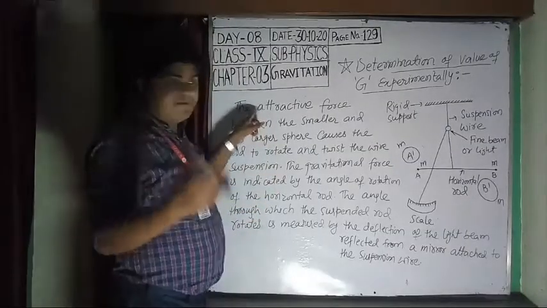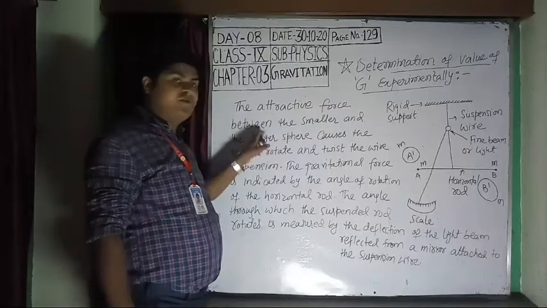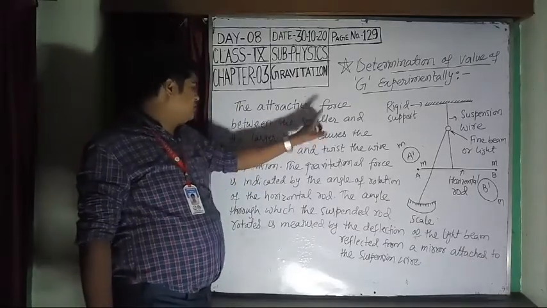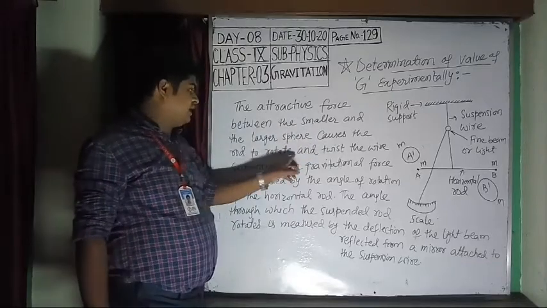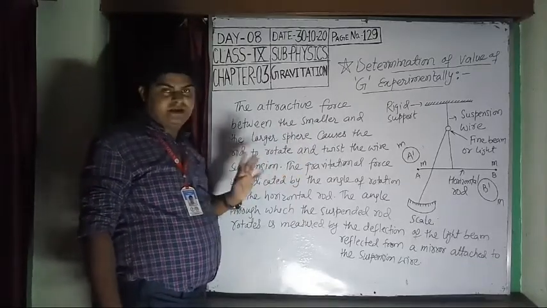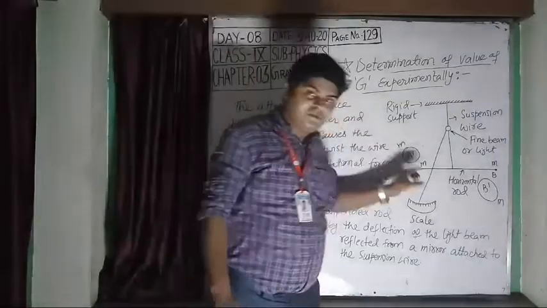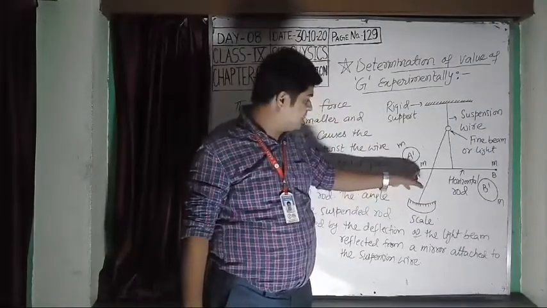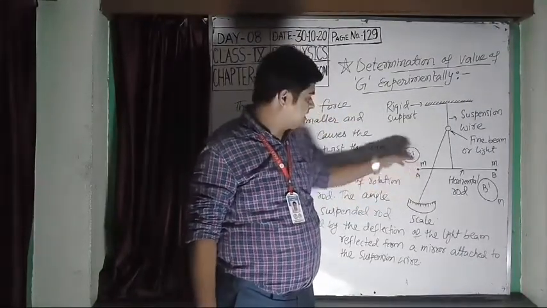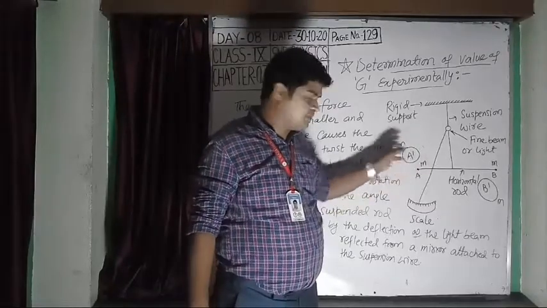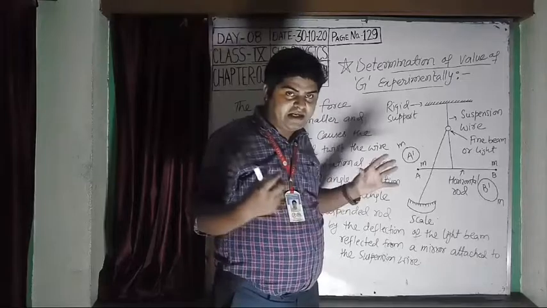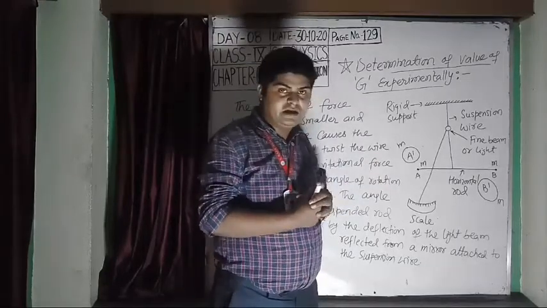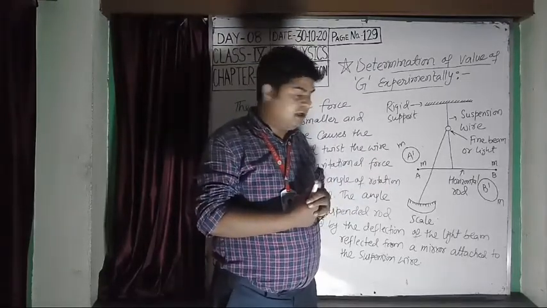Students, then the attractive force between the smaller and the larger sphere causes the rod to rotate and twist the suspension wire. That means when you take a smaller object and a bigger ball, both objects are attracted to each other due to gravitational force.